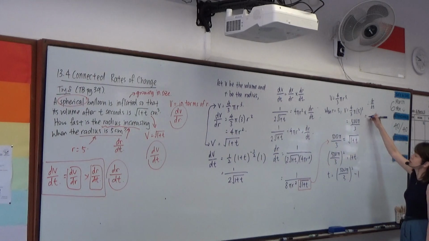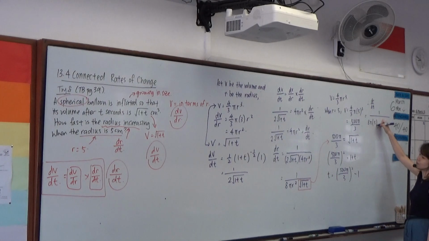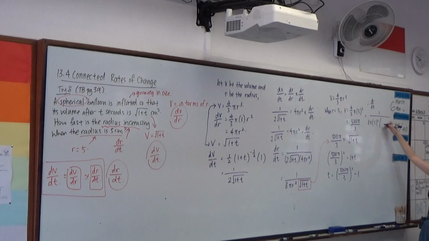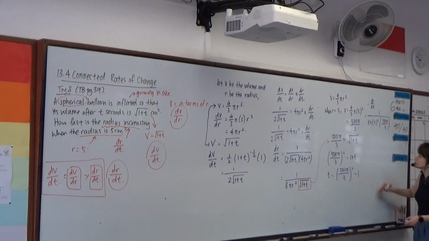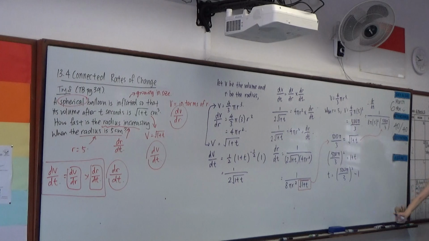That means I have 1 over 8 pi, r is 5, and then square root of 1 plus t is 500 pi over 3. This will be much easier when you want to press it into a calculator to simplify it, rather than to use this value itself.